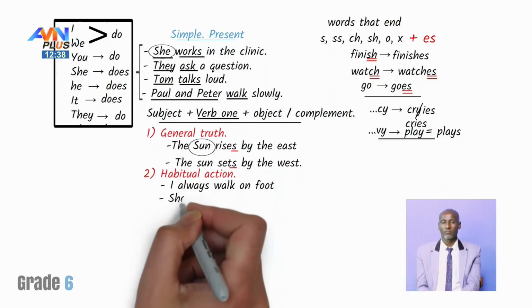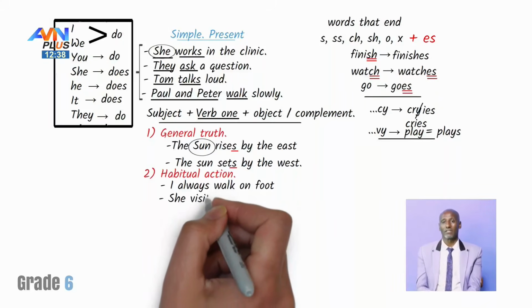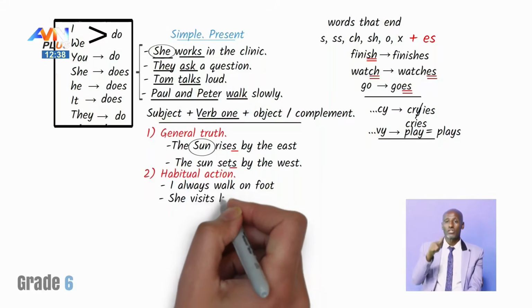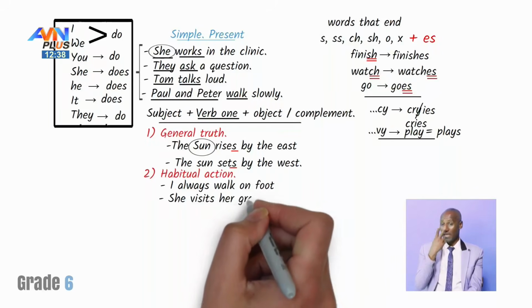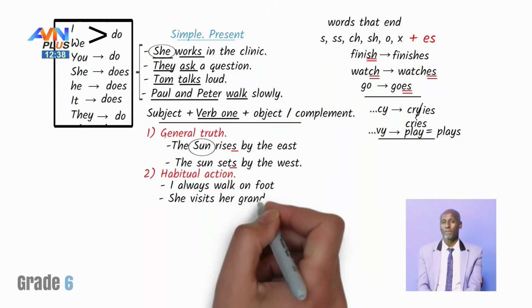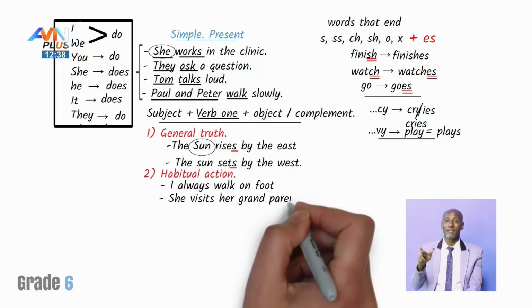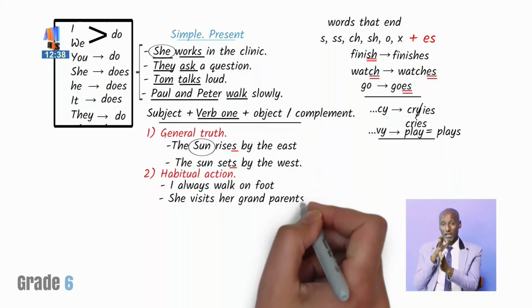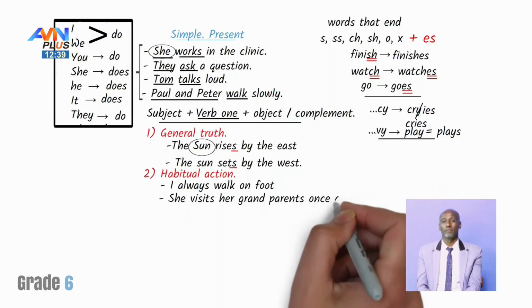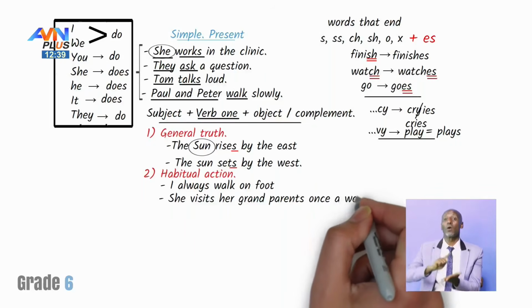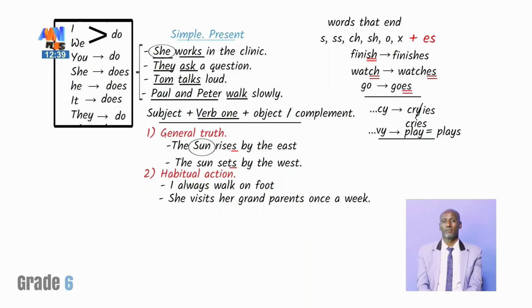Look at this sentence. It is habitual action, and I will show you how or why. She visits her grandparents once a week. Another one.